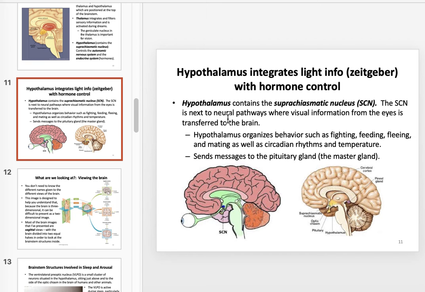It's going to control that through the suprachiasmatic nucleus, SCN, because it's near the optic chiasm. I know these names seem really technical, but they actually do make sense. It's all about positioning in the brain.